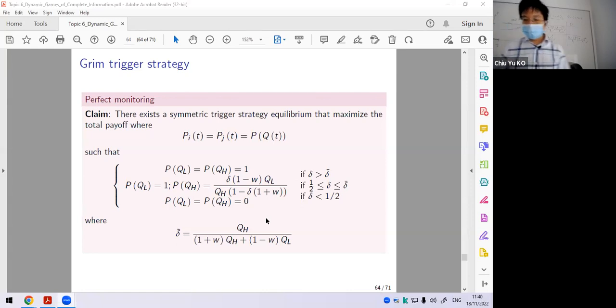And he used this model to say prices are counter-cyclical: high price at recession, low price at the boom. So it sometimes explains some macro things, because you usually expect prices to be higher when the economy is good and lower when the economy is bad. But with this game, you can end up in this kind of outcome.